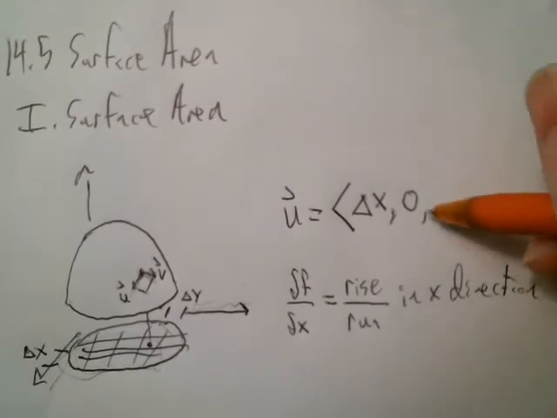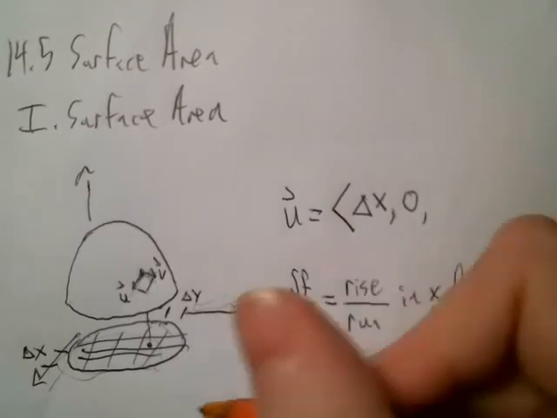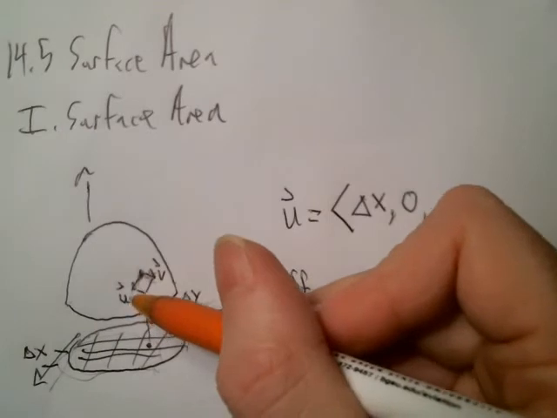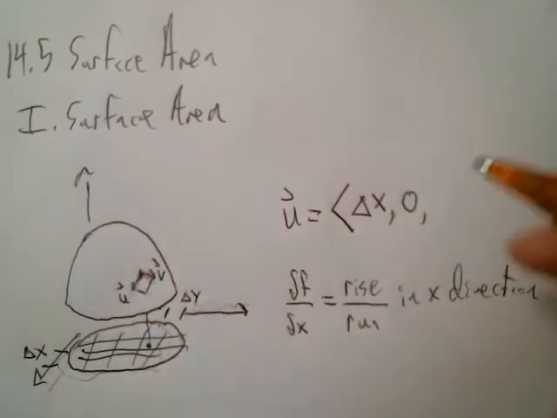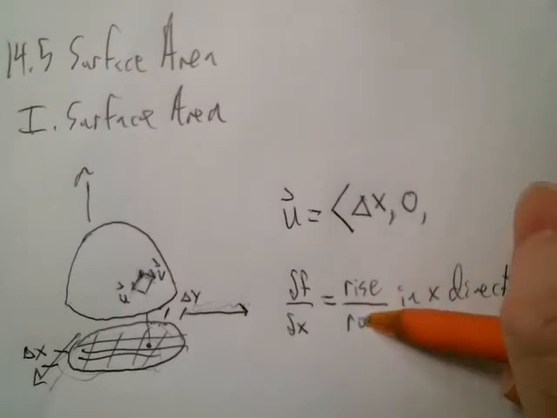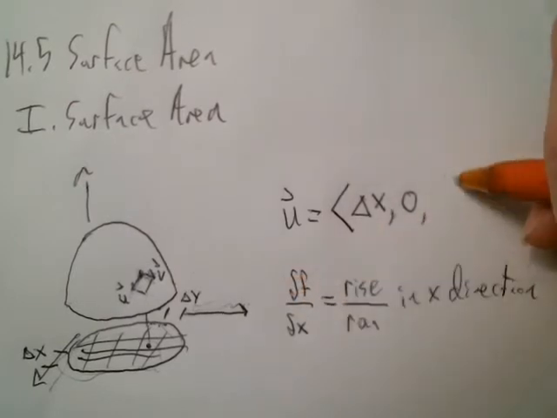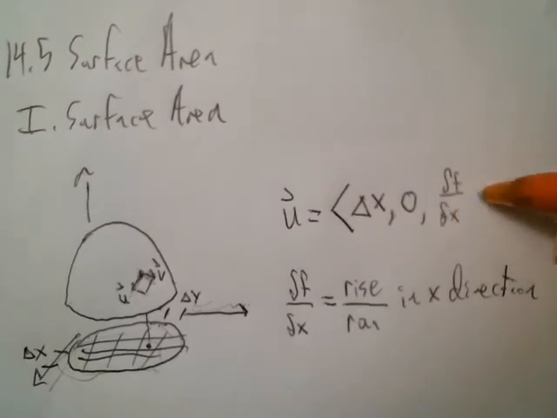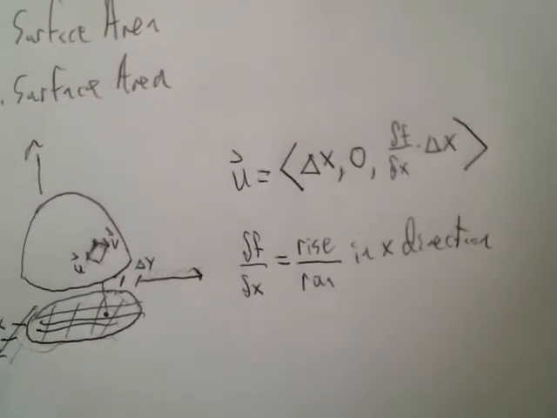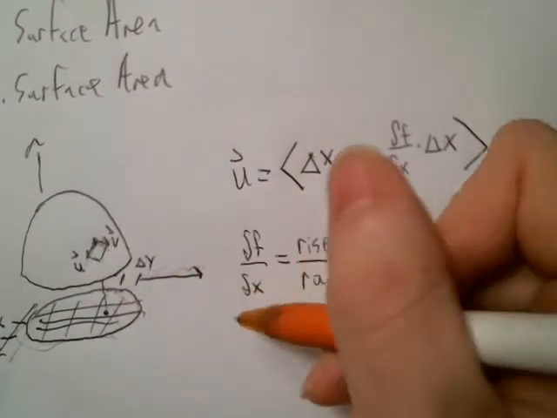For the third component, we need to know how much to go down or up in the x direction, so we use this partial derivative. But we don't need the run part, we just need the rise part. So you multiply the partial derivative with respect to x times change in x, and that gives you just the rise, because the run divides out. So that's our first vector, in the u direction.